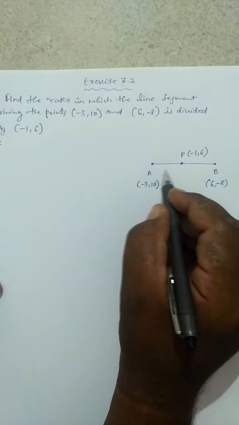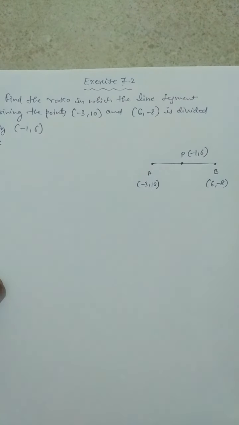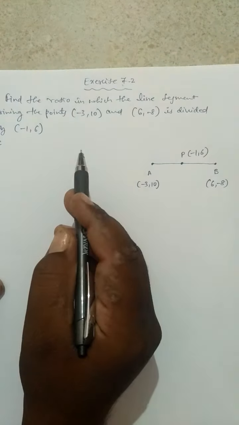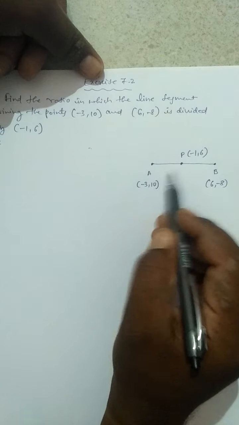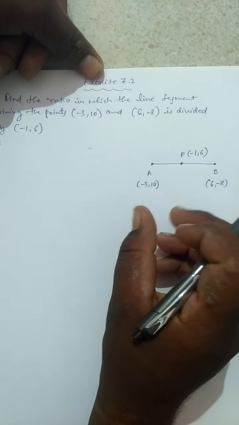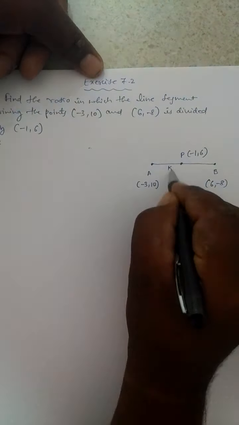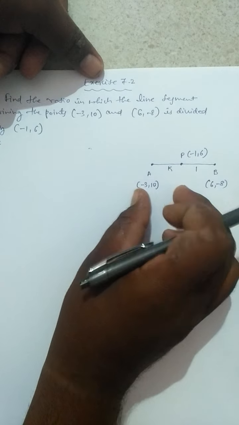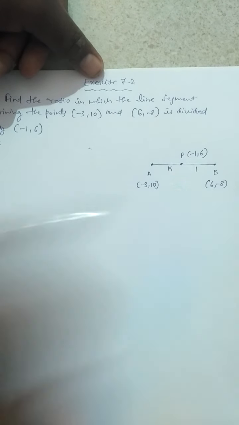So here AP and PB, right? What we have to find out? Find the ratio. It means if there exists one more point, we have to find out how that line is divided into two parts. That ratio we have to find out here. We don't know that ratio, so I am going to consider that ratio as k is to 1. So AP as k, and PB as 1.